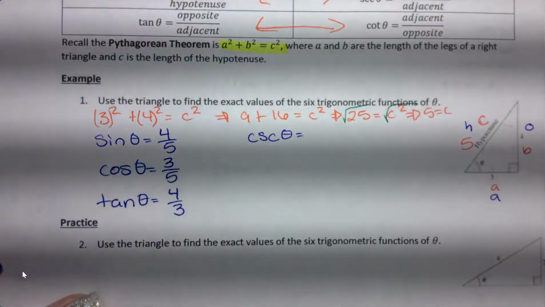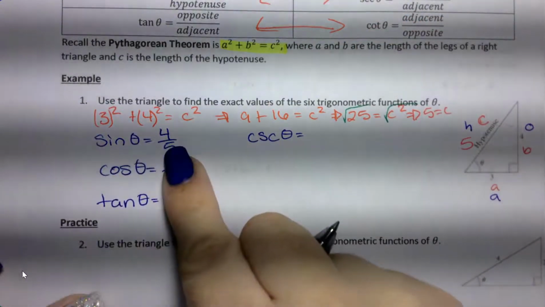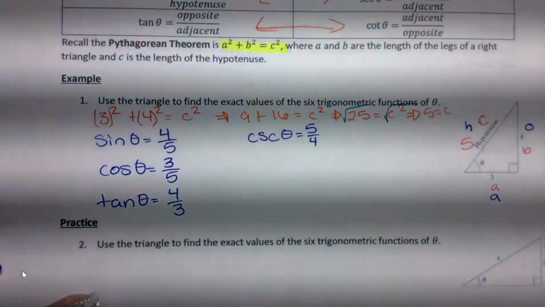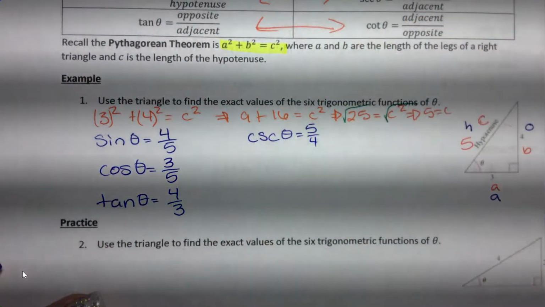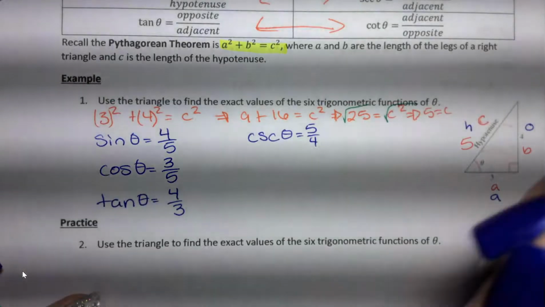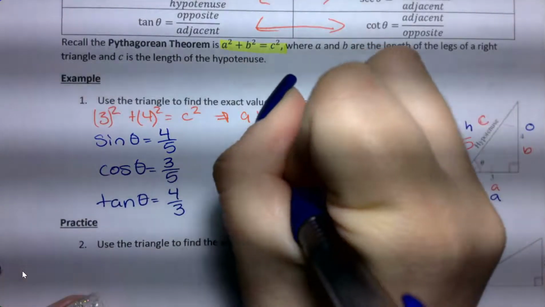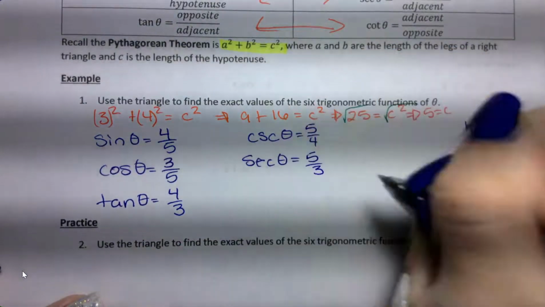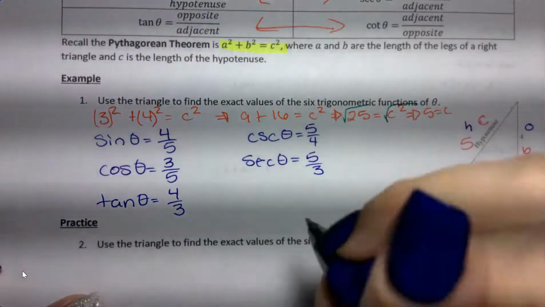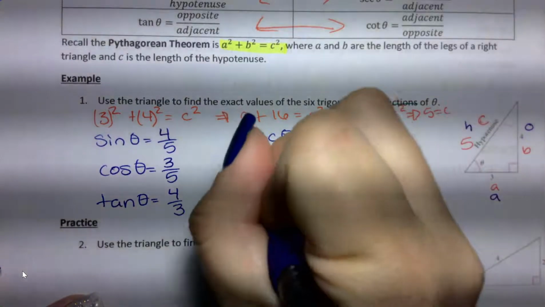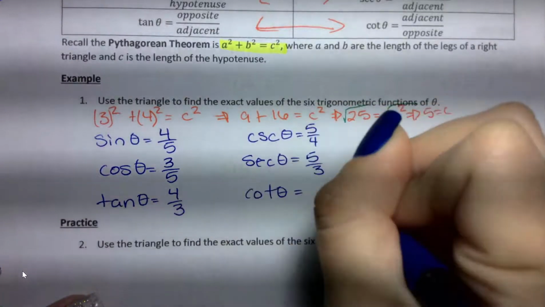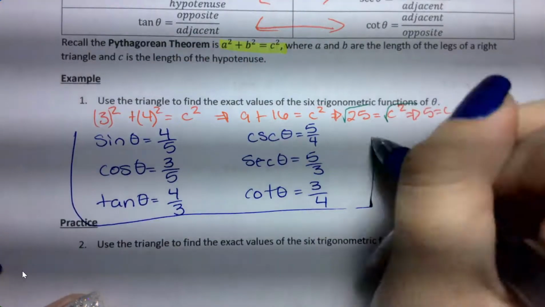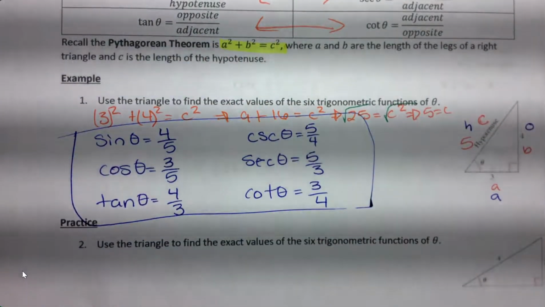So cosecant matches up with sine. I just take this fraction and flip it. Or I could additionally find my hypotenuse over my opposite side, which will again give me 5/4. Then I have secant, which is the reciprocal of cosine, which will give me 5/3. Tangent's reciprocal is cotangent. When I switch that, I get 3/4. So all 6 of these are part of my answer here.